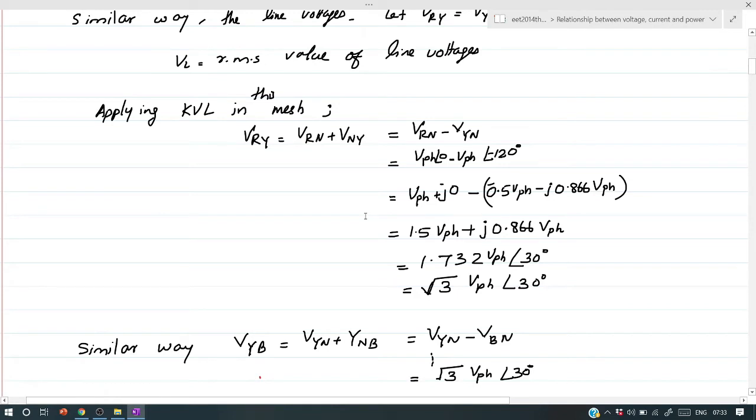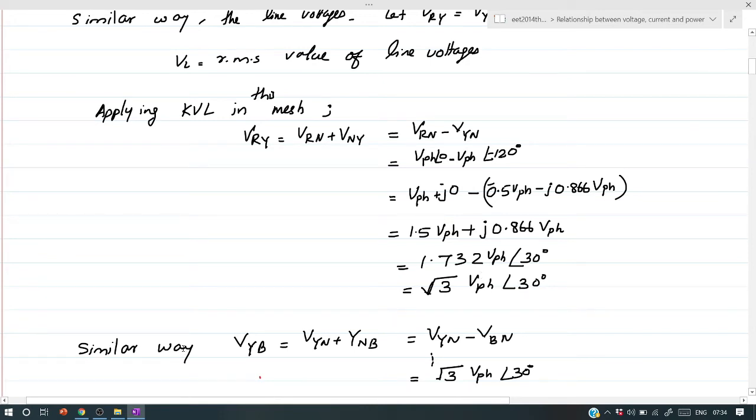After simplification, we can write this expression as 1.5 V phase plus j0.866 V phase, which is equal to root 3 times V phase angle 30 degrees. So here, this is the line voltage. So line voltage is equal to root 3 times V phase angle 30 degrees. And it is clear that this line voltage is leading this phase voltage by an angle of 30 degrees.